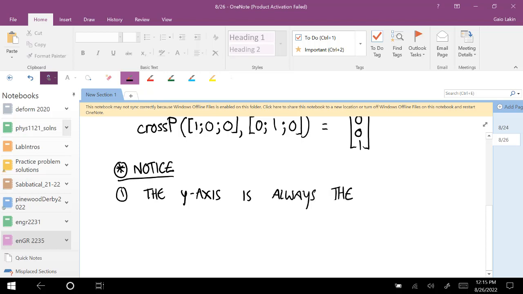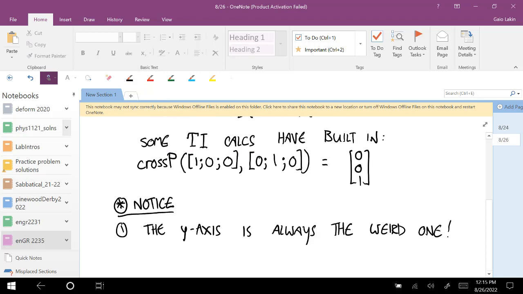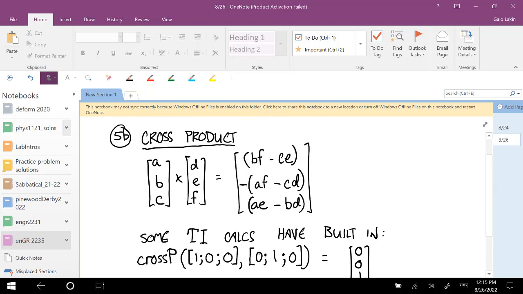That comes up over and over again in matrix and vector calculations. X and Z, the components from the cross product follow a similar pattern. The y-axis just has to be a little different, put its little negative there, and that happens all the time.